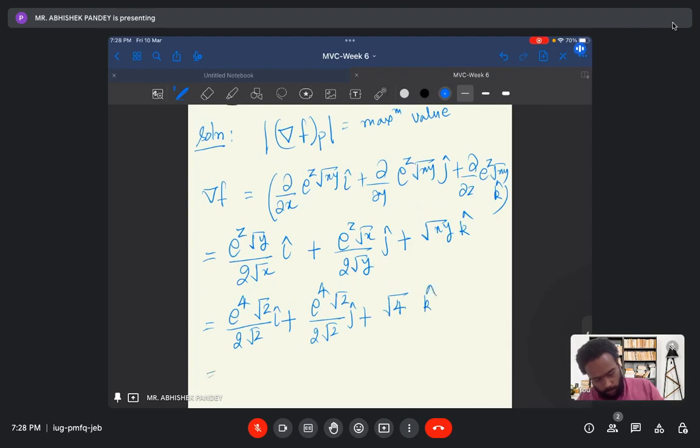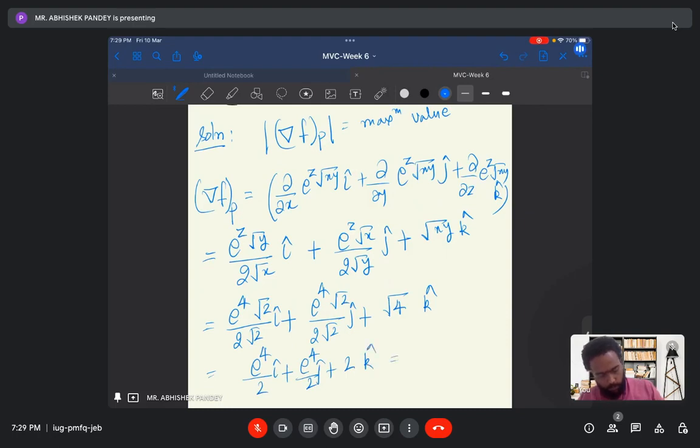So this is at the point P. This is nothing but e to the power 4 by 2 i cap plus e to the power 4 by 2 j cap plus 2 k cap.